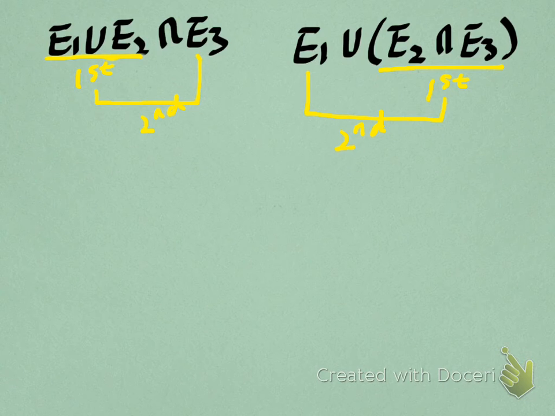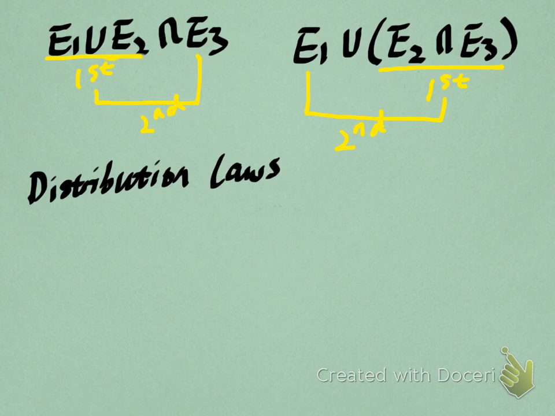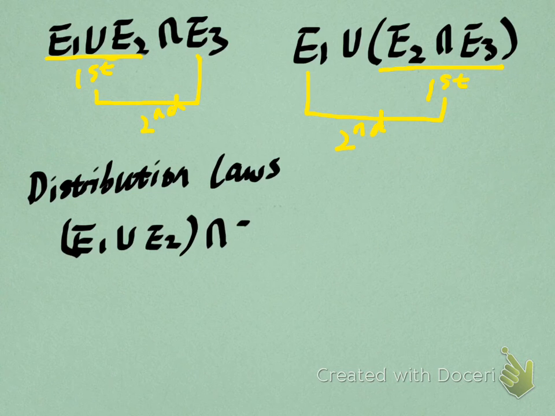And here we also have two more important rules about computation for sets. The first one we call the distribution rule, or distribution laws. This is if we have three events, and we also have the order and parentheses here. So this is parentheses E1 union E2, and then intersection with E3.